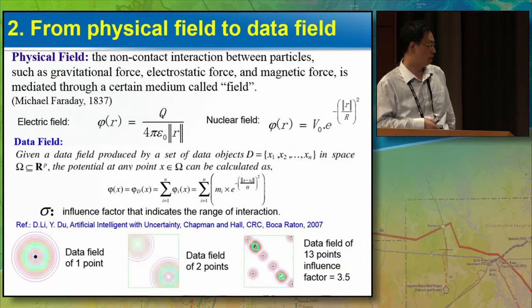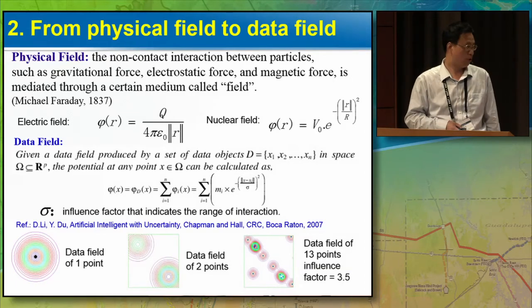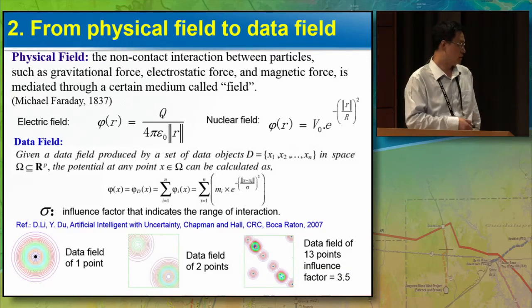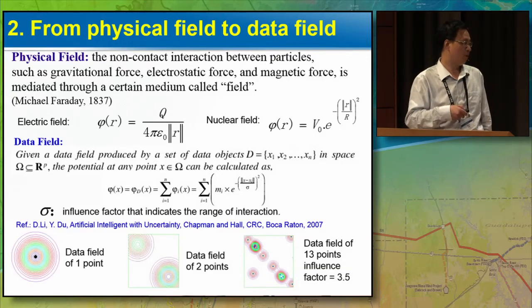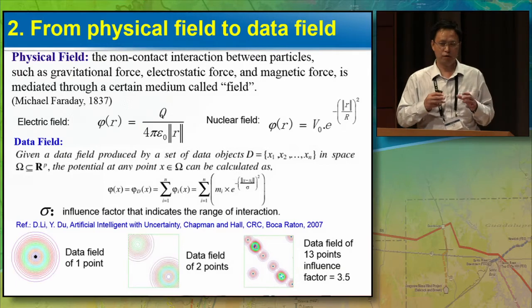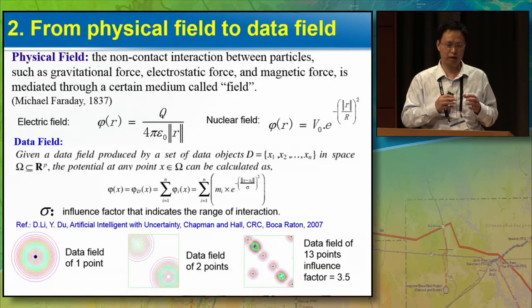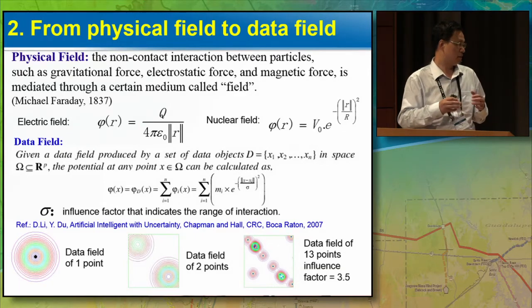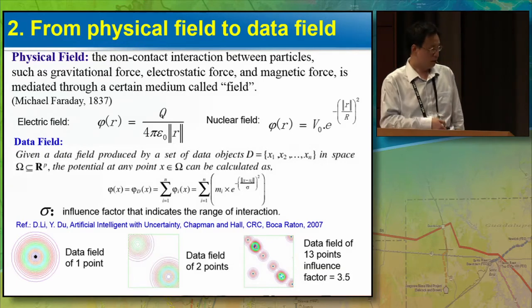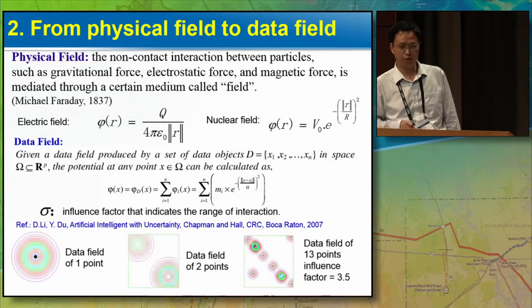Therefore, the three figures below are some examples. It's a data field for 1 point. It produces some equipotential lines to describe the interaction of the point, and the data field of 2 points and the data field of 13 points.